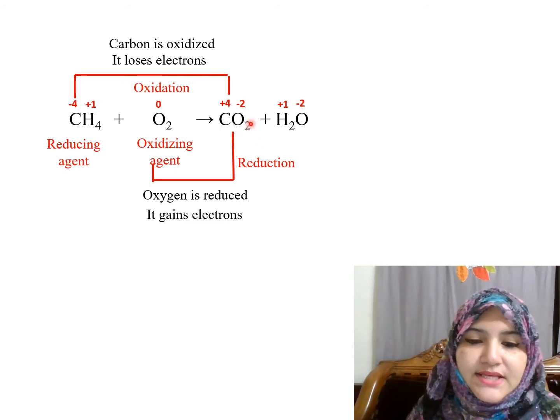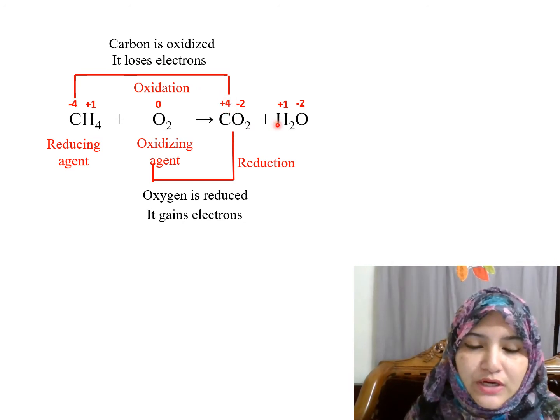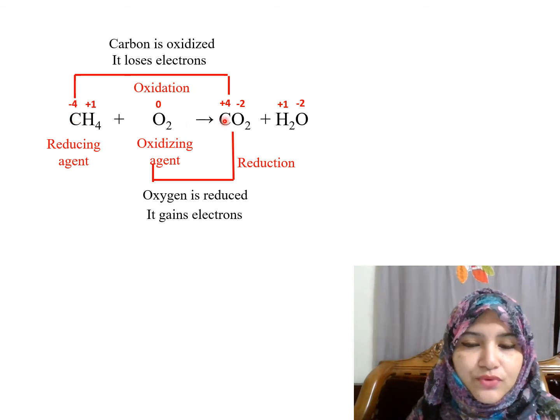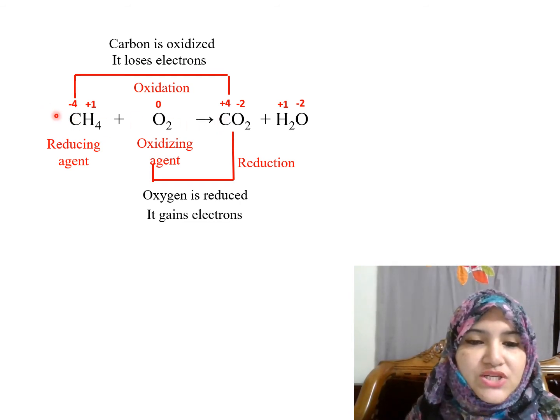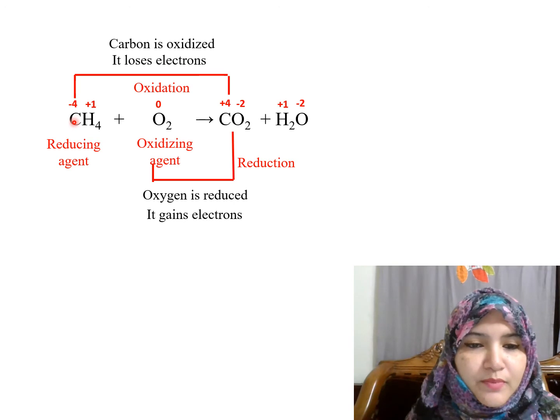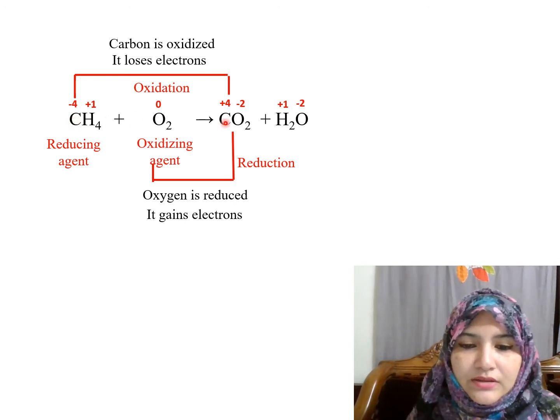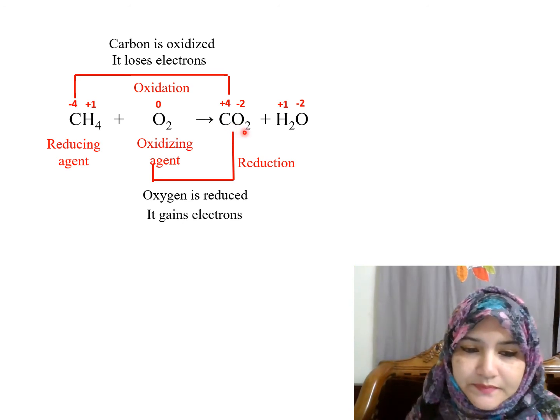So in this case, carbon is going to have an oxidation state of +4. So carbon changes from -4 in methane to +4 in carbon dioxide.